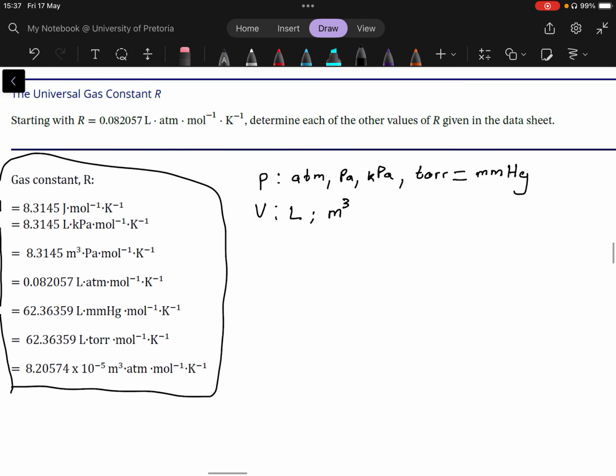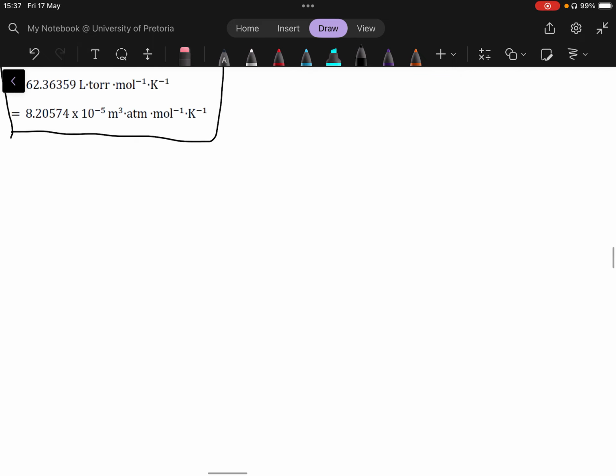So I'm going to do one of them, and then you can perhaps just check the rest, because they'll have exactly the same format.